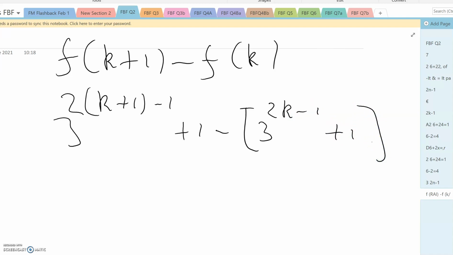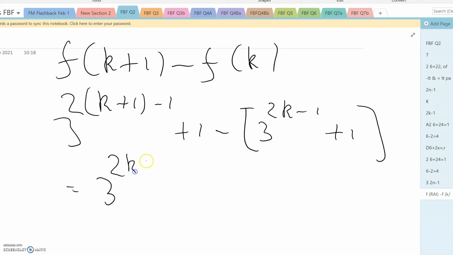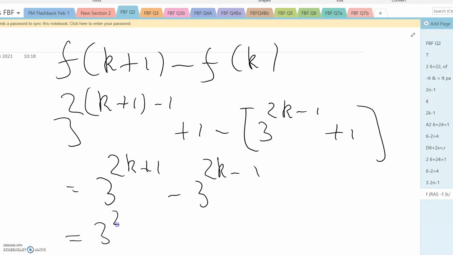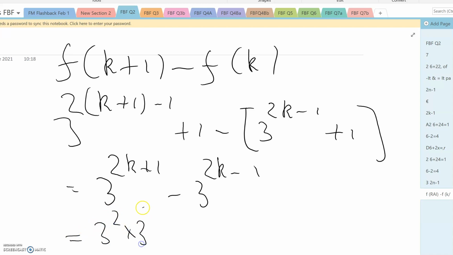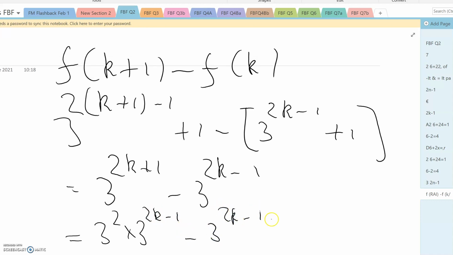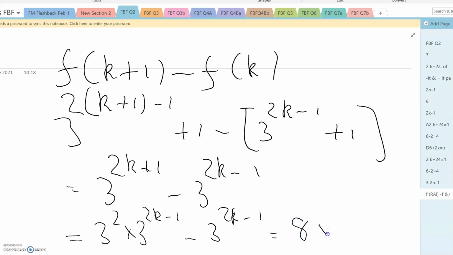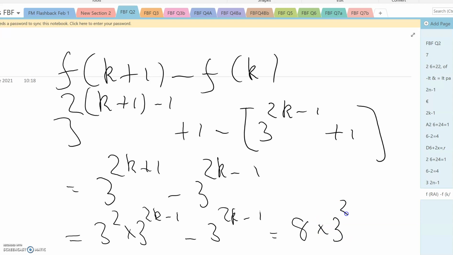The 1s cancel out, so it reduces to 3 to the 2k plus 1, take away 3 to the 2k minus 1. That in turn becomes 3 squared times 3 to the 2k minus 1, take away 3 to the 2k minus 1. And that in turn becomes 8 lots of 3 to the 2k minus 1.